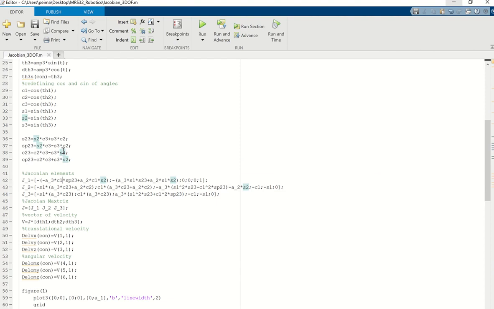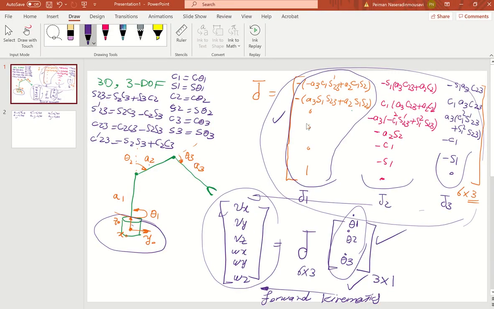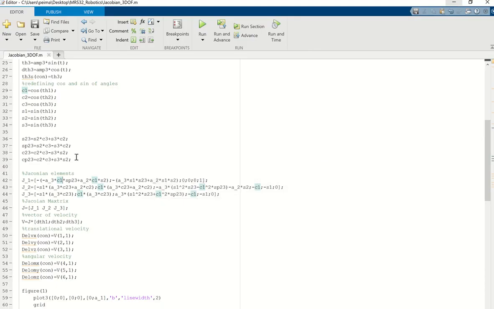Now, the Jacobian elements. If you look at here, we have J1, J2, and J3. I'm defining J1, J2, J3 exactly like this. J1 is, if you look at your notes, minus A3 cosine 1 sine prime 23 plus A2 cosine 1 sine 2.